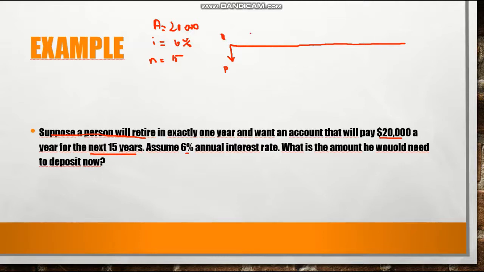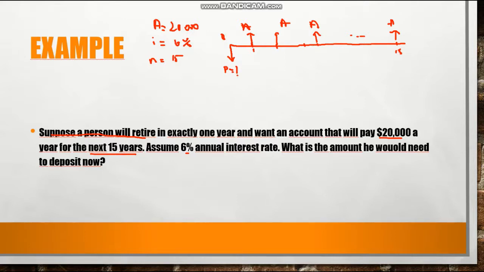Then after the first year, second year, third year, and so on till 15 years, we are going to get a series payment, right? Series payment till here, all of this is, let's say A, which is $20,000 each.